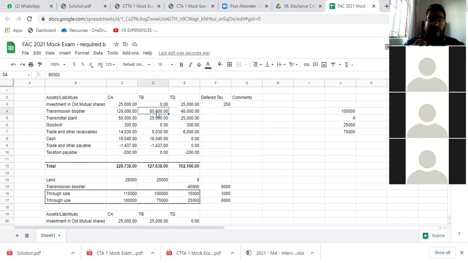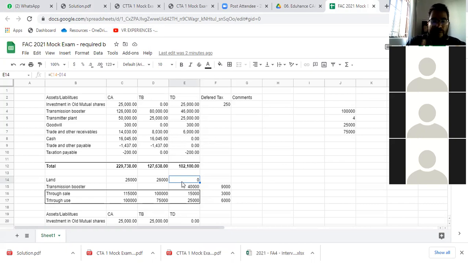Both land and the transmission are in terms of IAS 40, but you have to split between them. The land has not changed in any value, so the land remains 2626. I didn't see any changes, so there will be no deferred tax implications because tax base is equal to carrying amount. There was no fair value adjustment for the land.